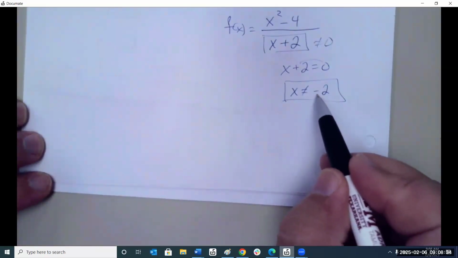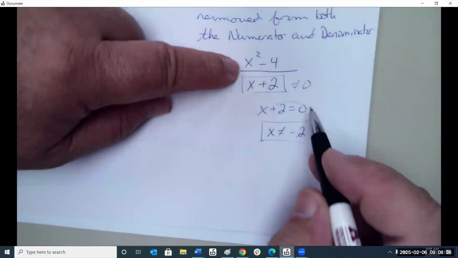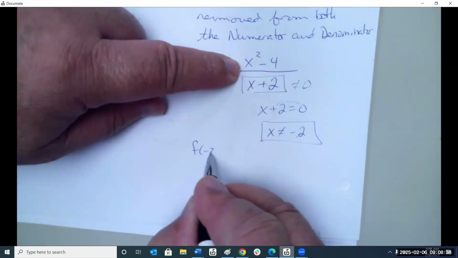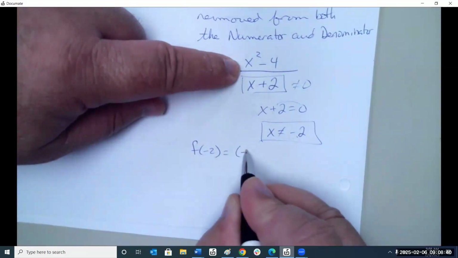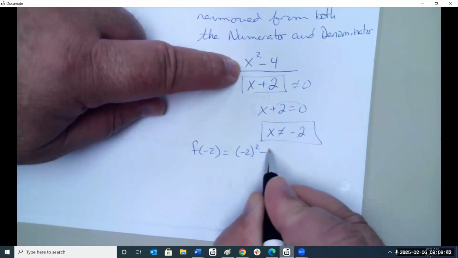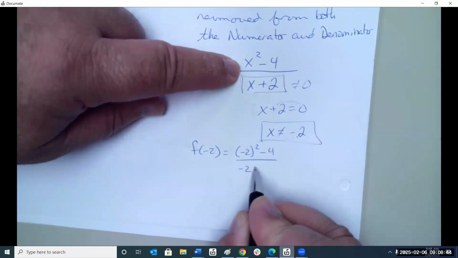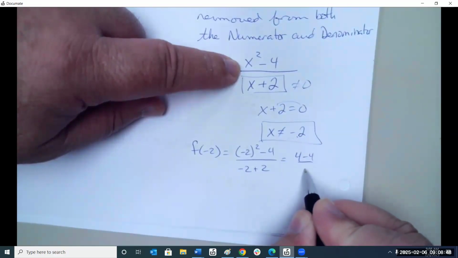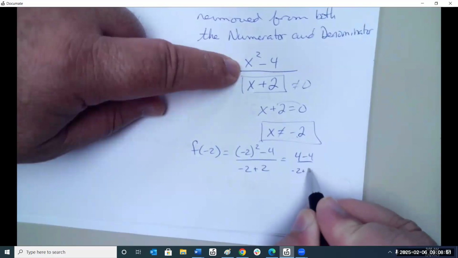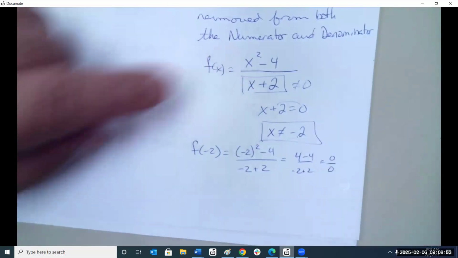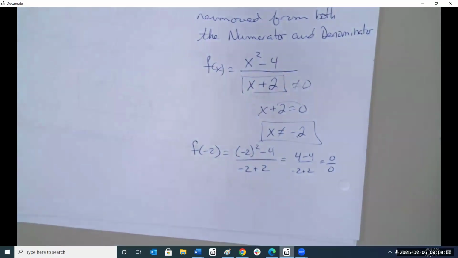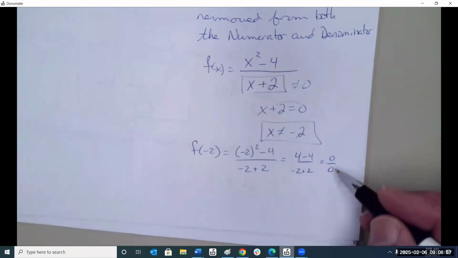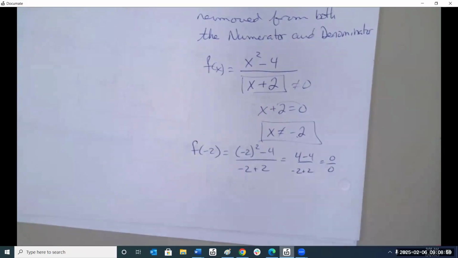Because if we take this value, -2, and put it in the top and the bottom, we get 0/0. That's a removable discontinuity. Whenever you have 0/0, that means something can be canceled. Something can be removed.